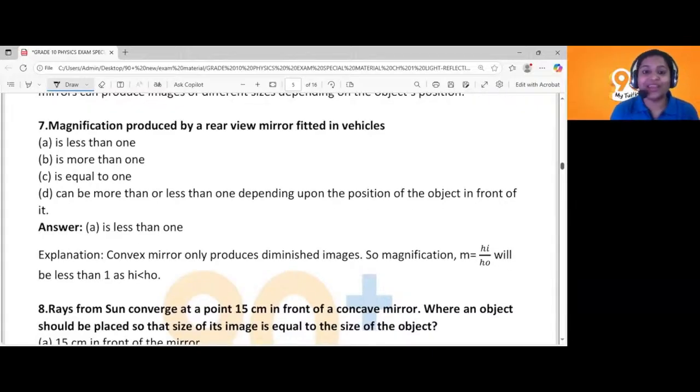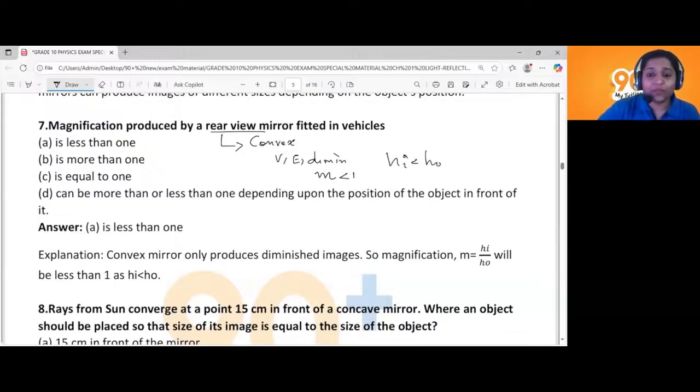Magnification produced by a rear view mirror fitted in vehicles. We know that rear view mirrors are only convex, right? We are using convex mirrors for the rear view purpose. And a convex mirror only produces virtual, erect and diminished images, right? They're only producing virtual, erect and diminished images. Diminished, in that case, magnification will be less than 1 because height of image will be less than the height of object.